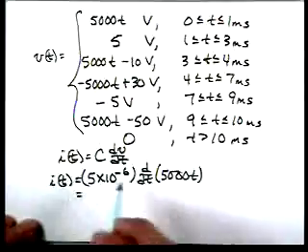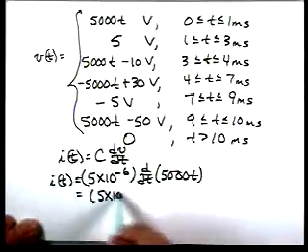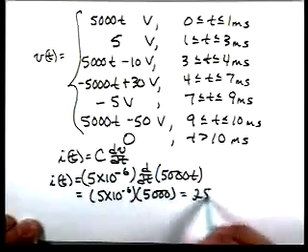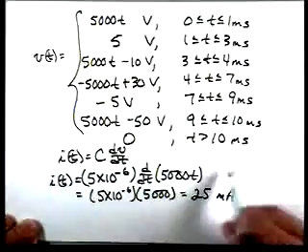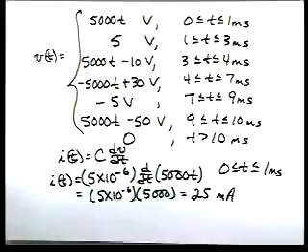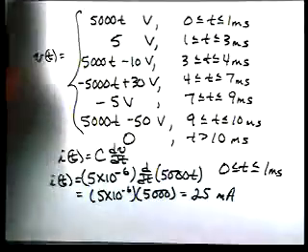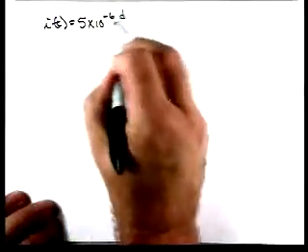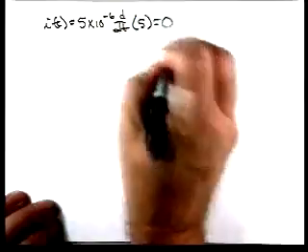That gives us 5 times 10 to the minus 6 times 5,000, which is 25 milliamps. The next interval is pretty easy, because the voltage is constant. So we'd have 5 times 10 to the minus 6 times the derivative of the constant, which is 0.